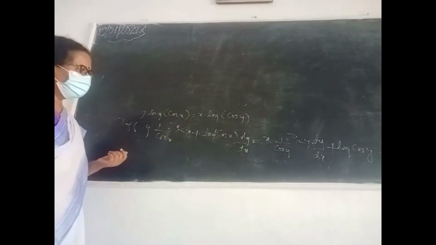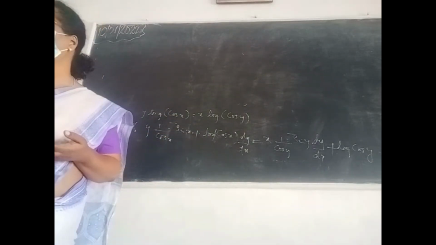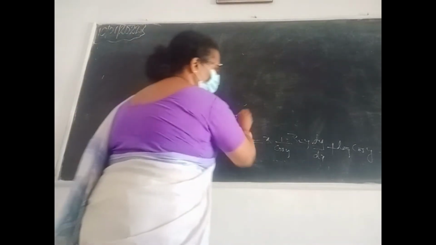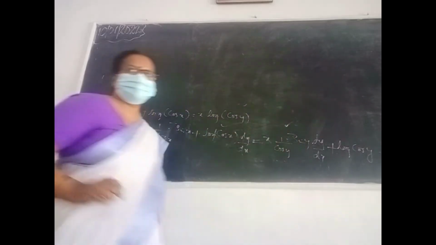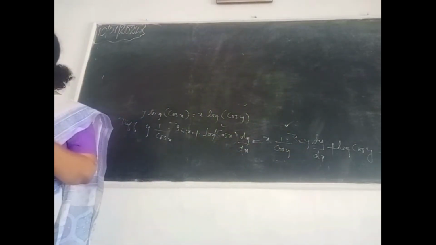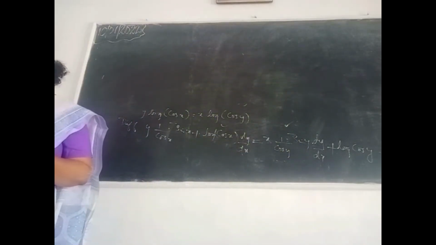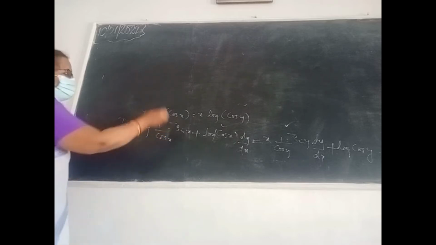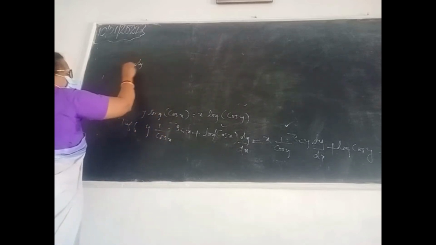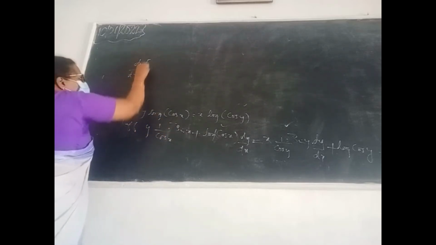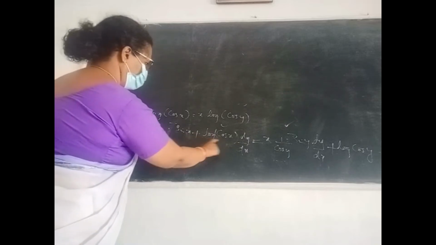Here, how many terms are there with dy by dx? This term is with dy by dx and this term is also dy by dx. Club the terms with dy by dx. Okay, so what can we write? Dy by dx into, this term is what?